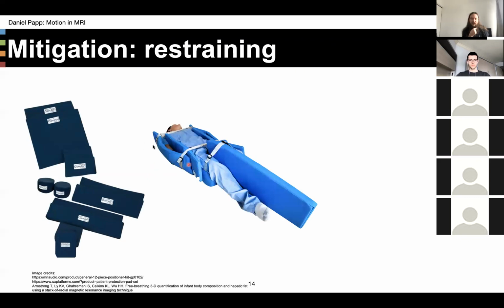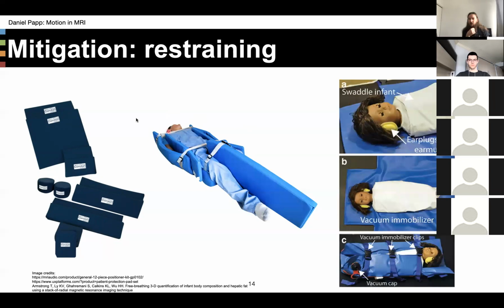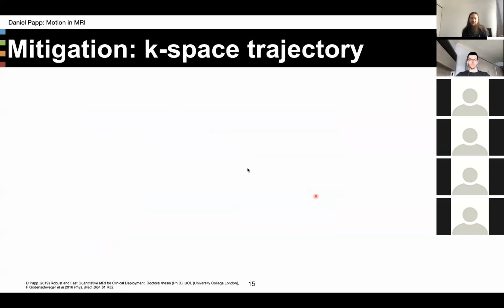This also has the effect of making them not touch the bore, not cross their legs, not cross their arms, etc. Or if we go to neonatal imaging, then what's happening there is you feed them so they fall asleep, then you swaddle them really tight, and then you put them into a vacuum immobilizer, and you try to do this fast enough that they don't wake up. So mitigation is just a fancy word for telling them not to move. The training also falls into here, which I haven't mentioned.